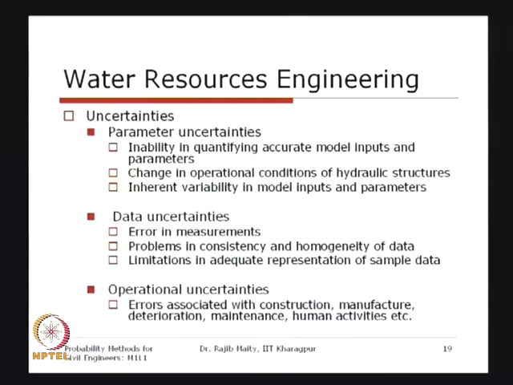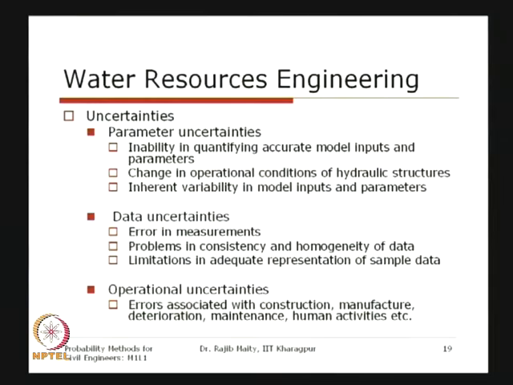The third one is the operational uncertainties. These are generally the errors associated with construction, manufacture, deterioration, maintenance, and human activities. When we go to the site and construct, uncertainty can be there in the construction, and in the manufacturing process also.